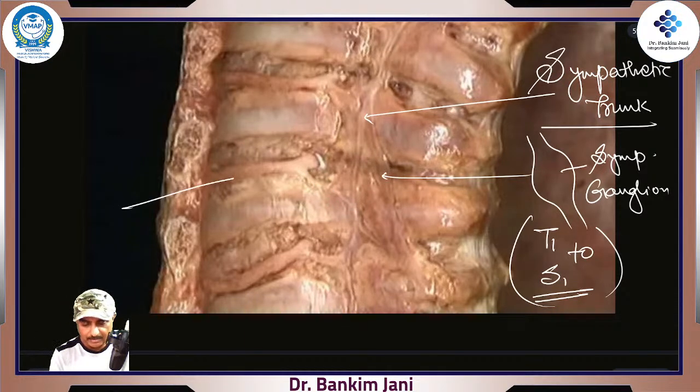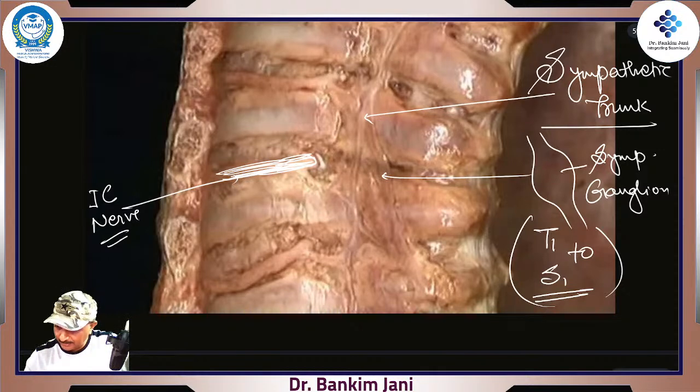Let's say these are intercostal nerves. So this is that intercostal nerve. This is fine. This one, I'm changing the color. This one is our sympathetic trunk, right?